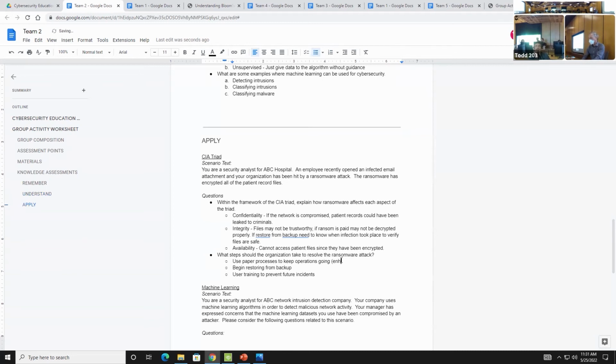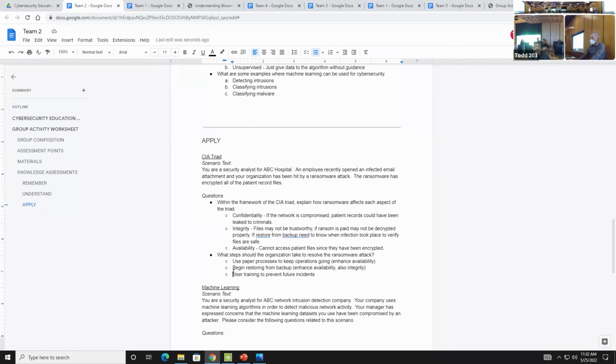I'm just trying to link it into these other concepts at the lower levels. Begin restoring from backup. It's also working on the availability aspect. Possibly integrity too, if you can cross-check the backup, if you get your files back, and see if anything has changed.